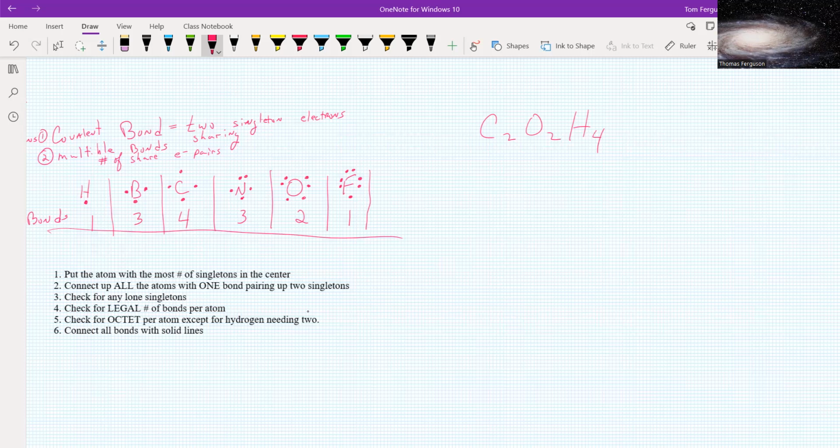Oxygen has 2 singletons. You wrote it as 3 pairs. It doesn't have 3 pairs. It has 2 pairs and 2 singletons. So let's do this differently here. How do you know that it's 3 instead of 2?